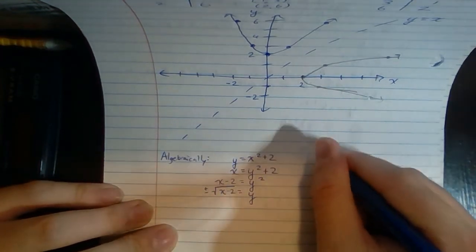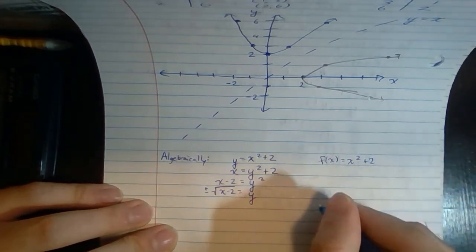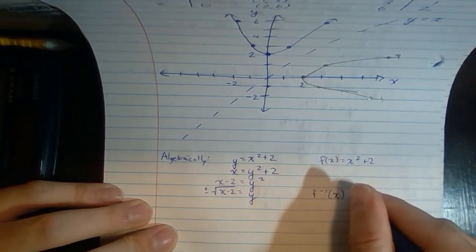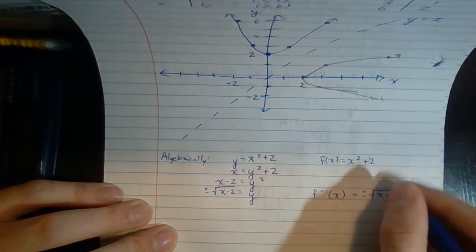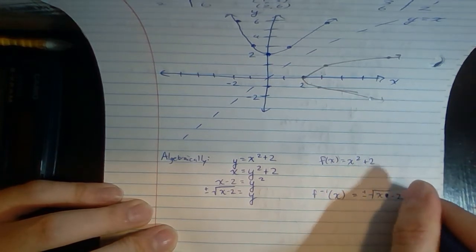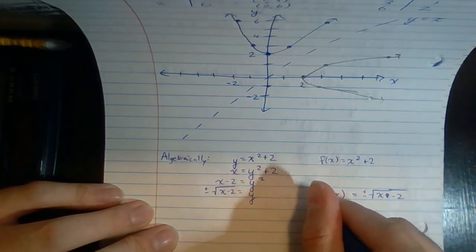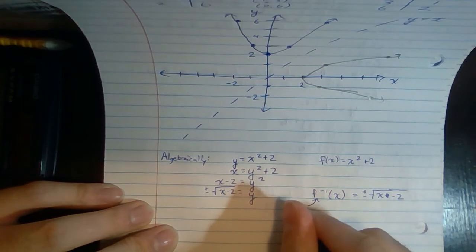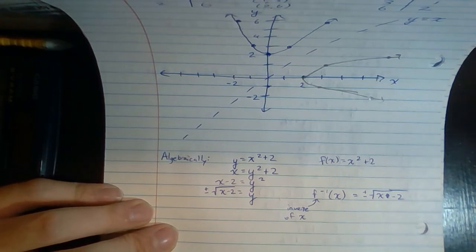So if our original function was f of x is x squared plus 2, if we were to write the inverse, we'll say f inverse is plus or minus the square root of x minus 2. So this, again, was our symbol for inverse of x, just in case we forgot. That's kind of a refresh on inverses.